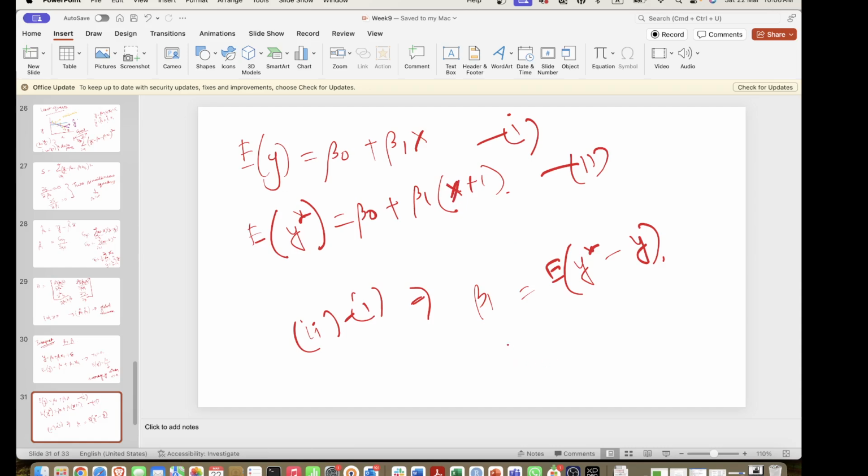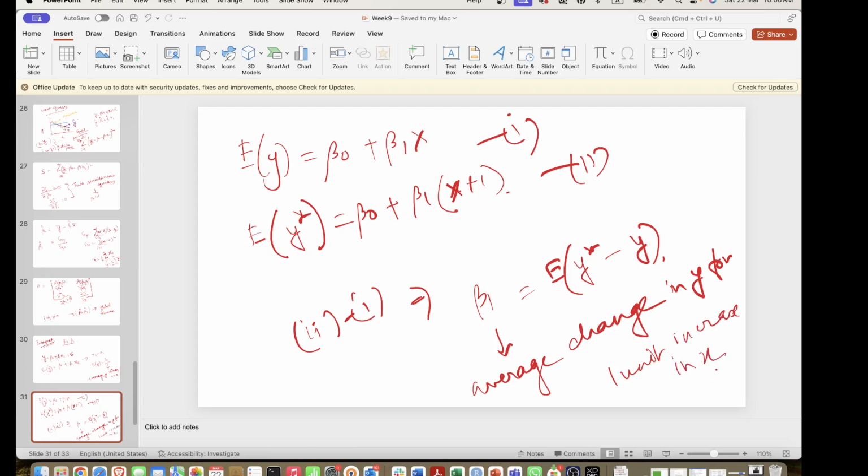So what does beta 1 mean? Beta 1 means the average change in y for a 1 unit increase in x. This is nothing but the slope.